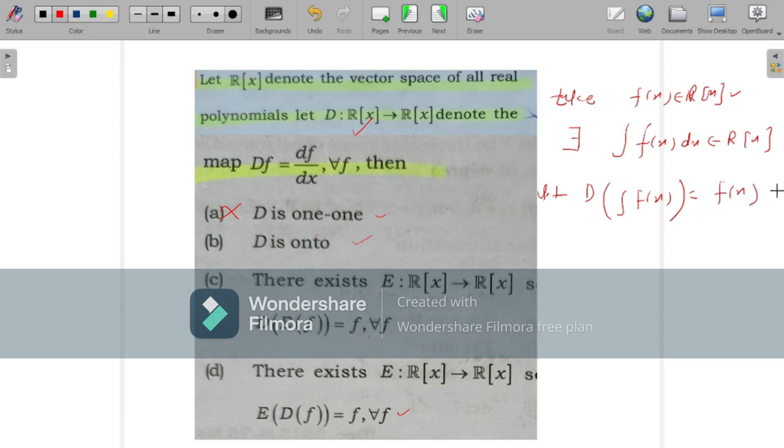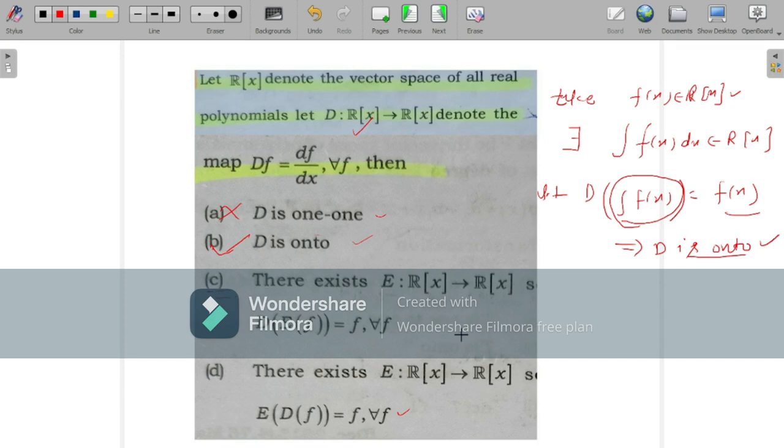So for every polynomial f of x, there exists a polynomial such that D of this is f of x. So this will imply that D is onto. So D is not 1-1 but D is an onto map.